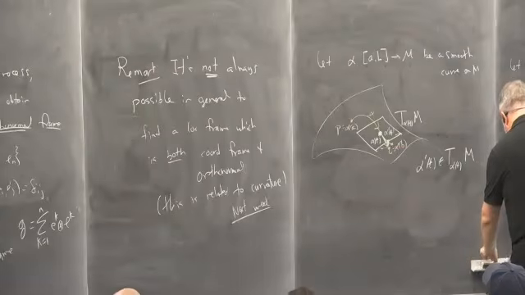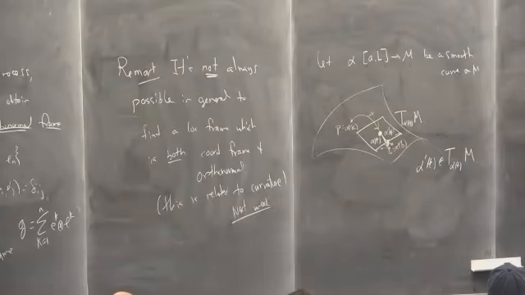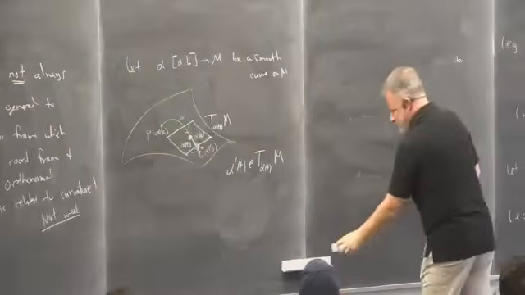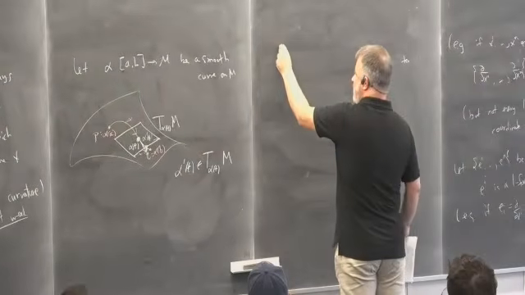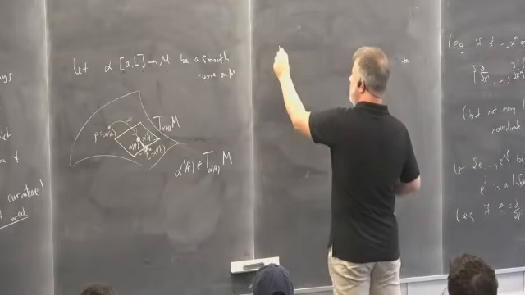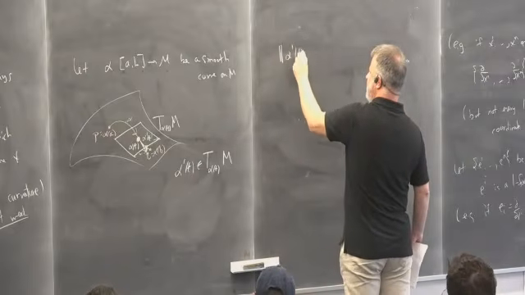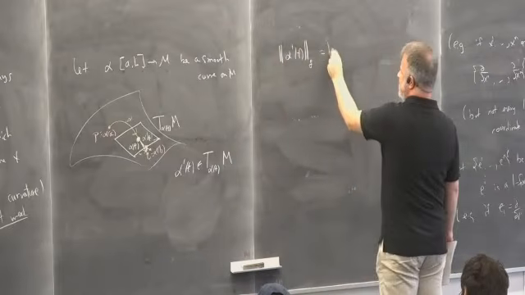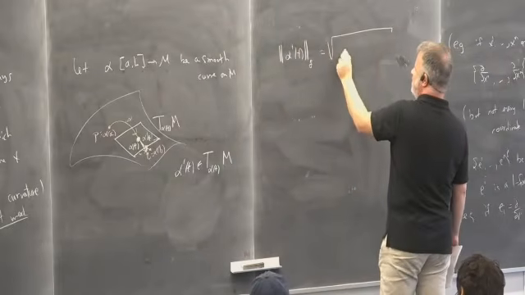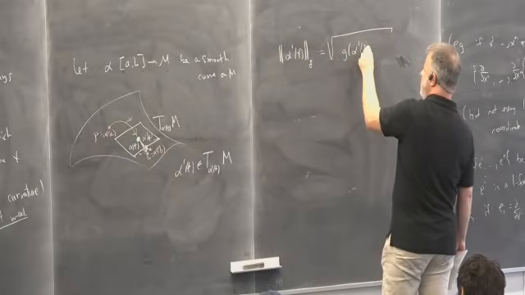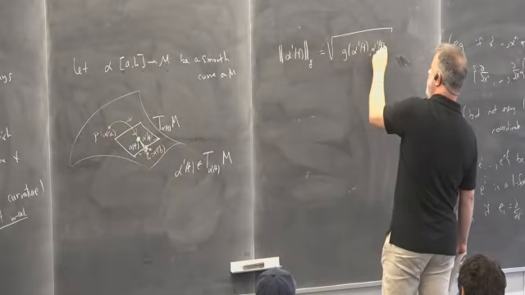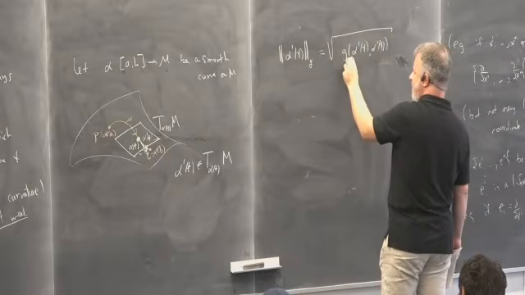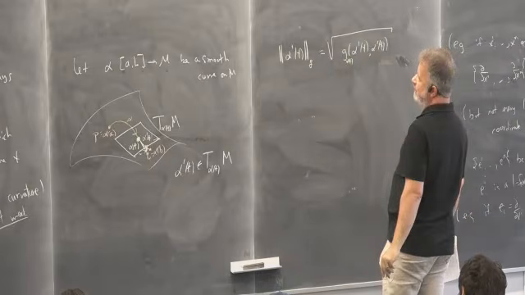And because we now have an inner product on the tangent space, we can take the length of that vector. So the length of alpha prime of t, using the metric g, means the square root of g(alpha prime of t, alpha prime of t). And if I'm being really pedantic, this is happening at the point alpha(t).